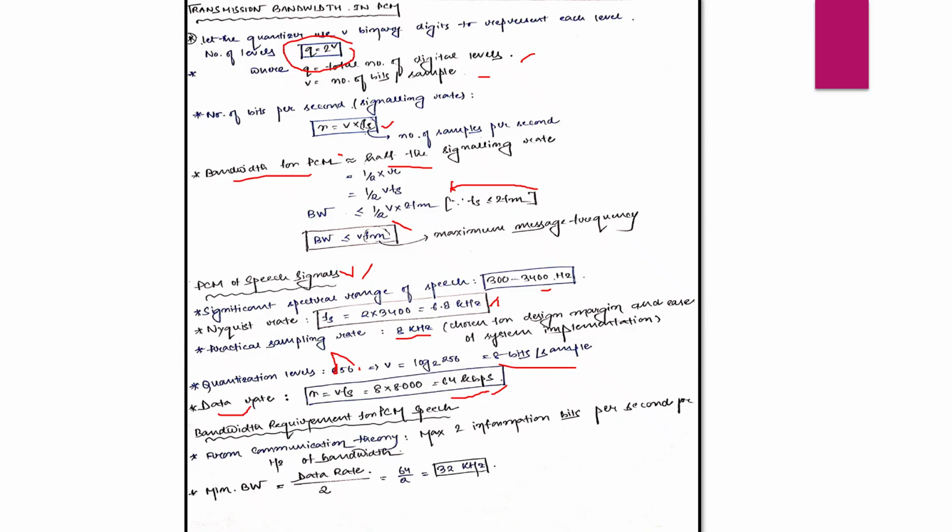Now the bandwidth requirement for a PCM signal: from communication theory, a maximum of 2 information bits per second per hertz of bandwidth can flow in a less noise-prone situation. So the minimum bandwidth is the data rate divided by 2, that is 64 by 2 equals 32 kilohertz. That is the bandwidth for PCM speech.